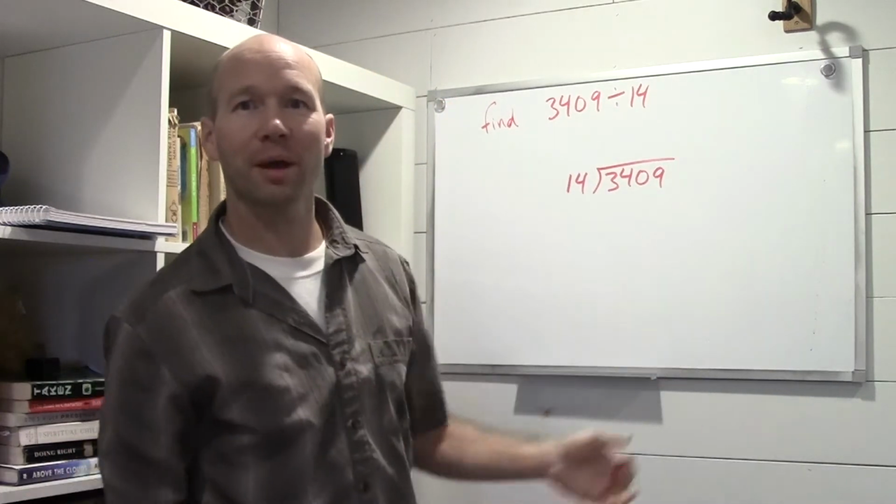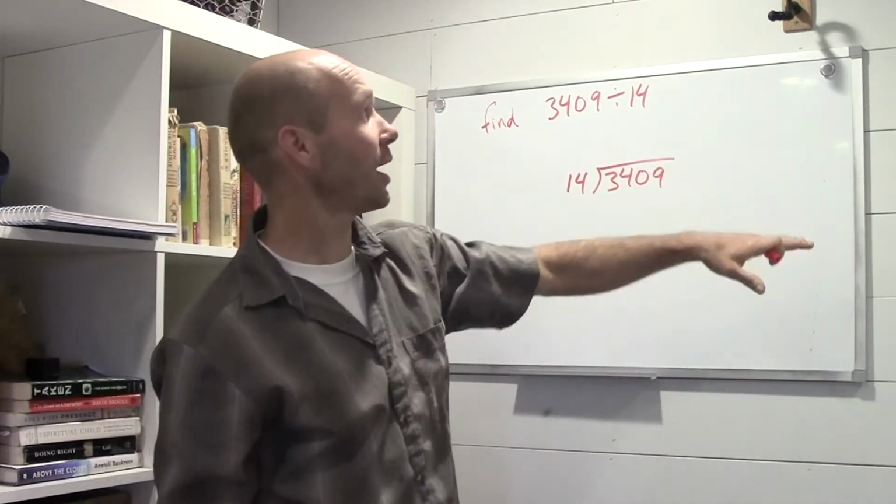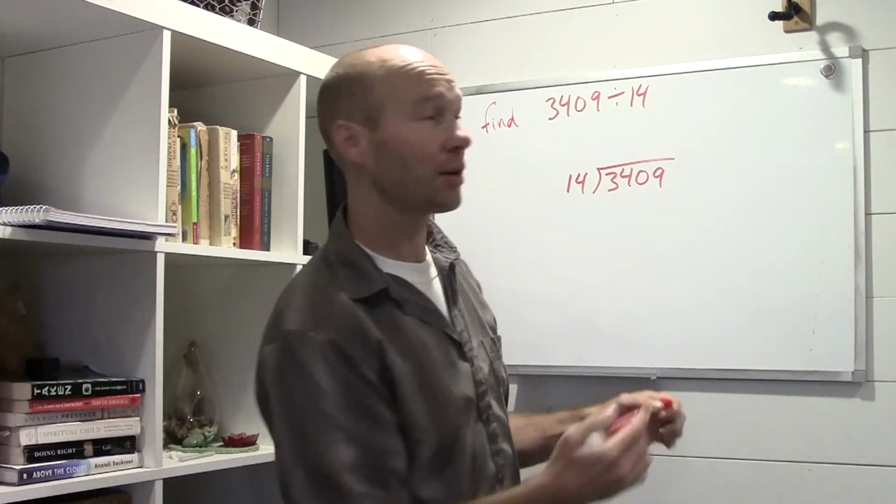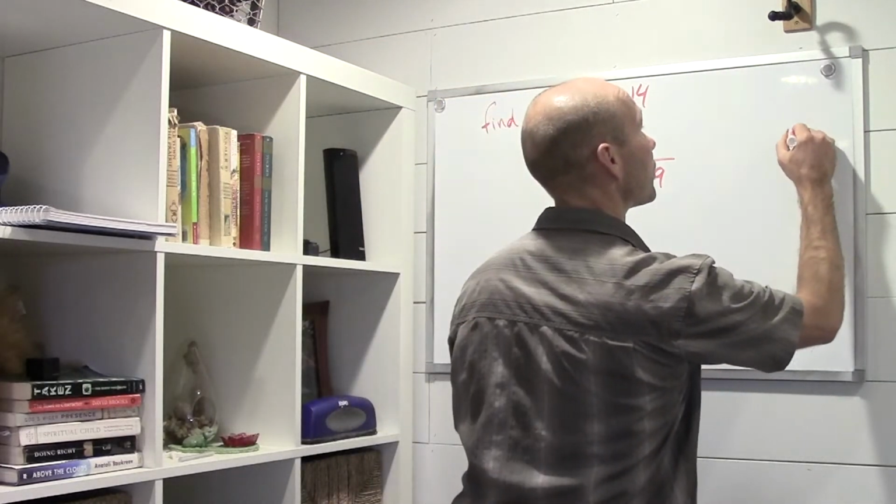And then I'm going to write my multiples of 14 on the side of my paper. I'm going to start off with 14.